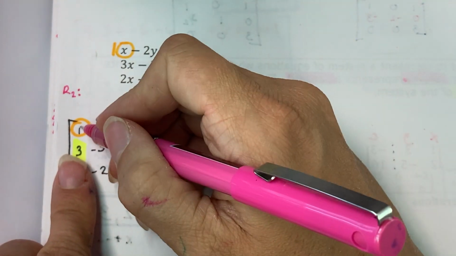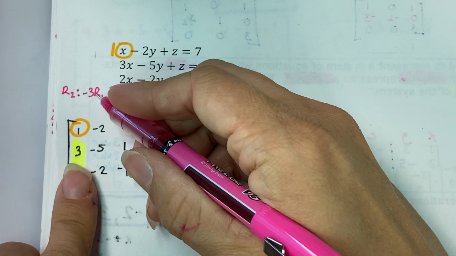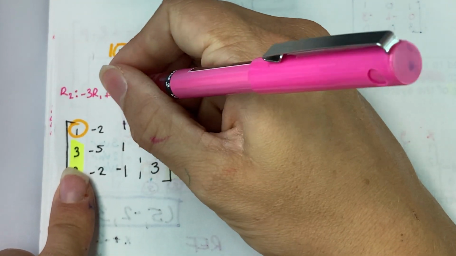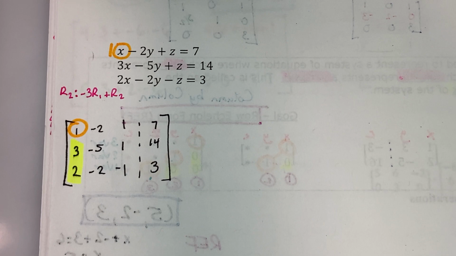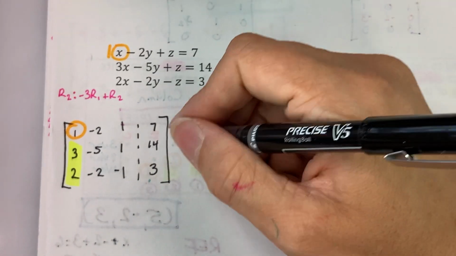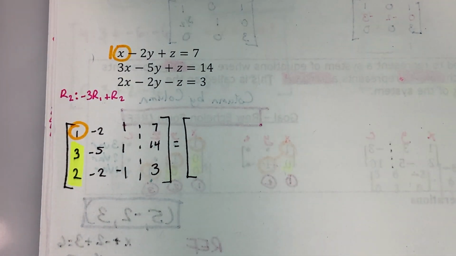We're going to multiply row 1 by -3, and then we're going to add that to row 2 to get my new row 2 and to get a 0 in that position, or to get the x to cancel.